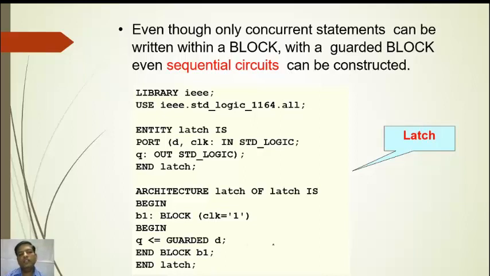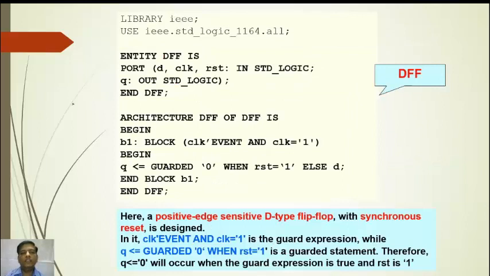Here we have seen the example for a guarded block, that is a latch or D flip-flop. Library IEEE; use IEEE.std_logic_1164.all; entity D flip-flop is port (D, clock and reset, these are the three input signals, in std_logic; Q: out std_logic); end D flip-flop.